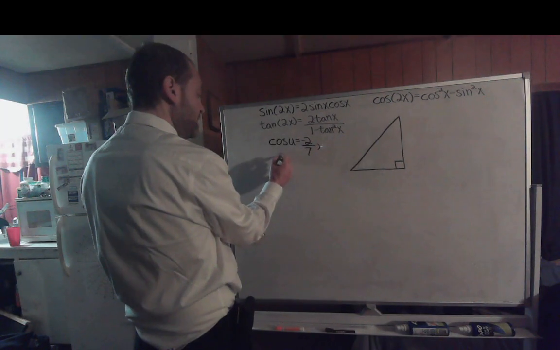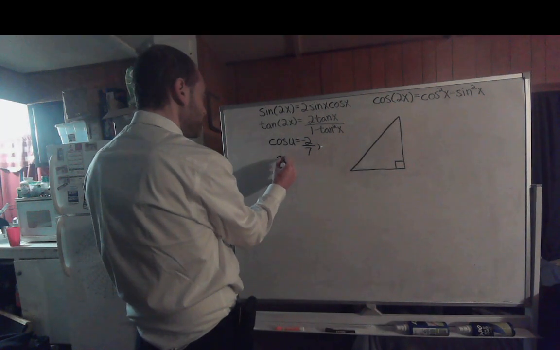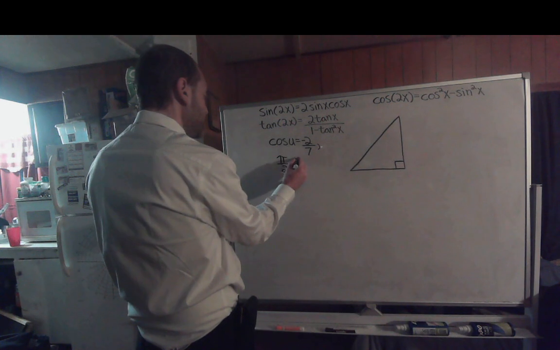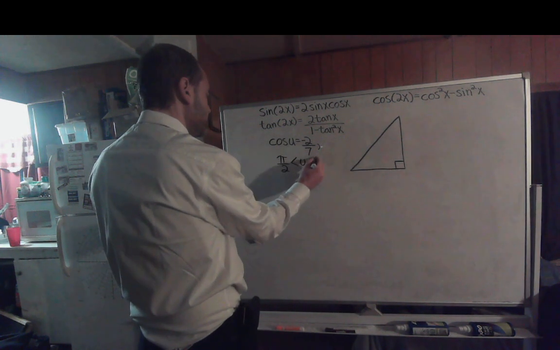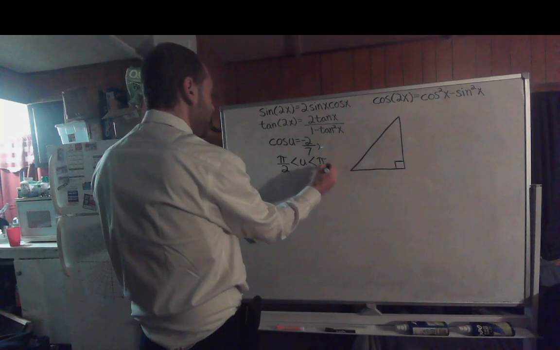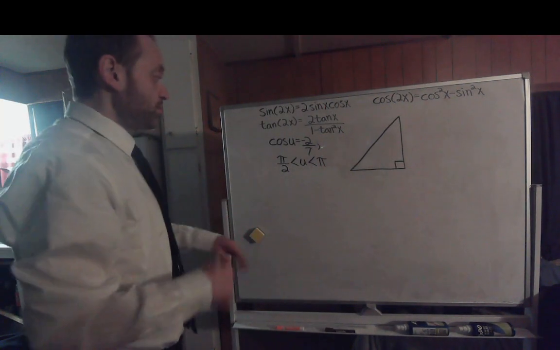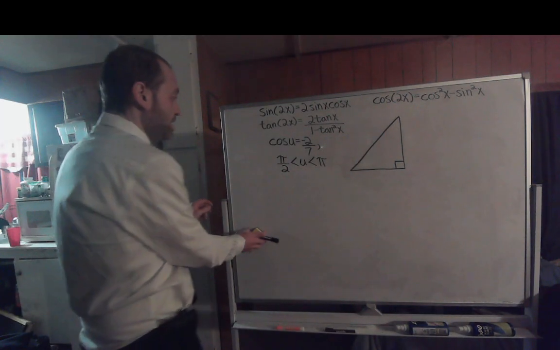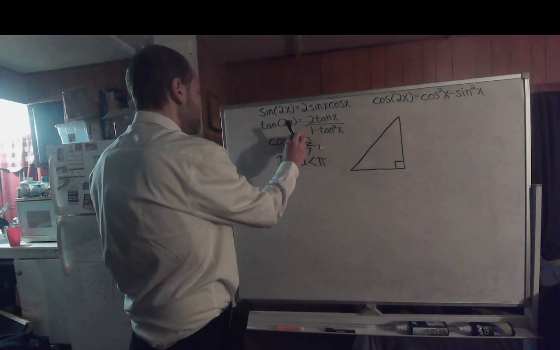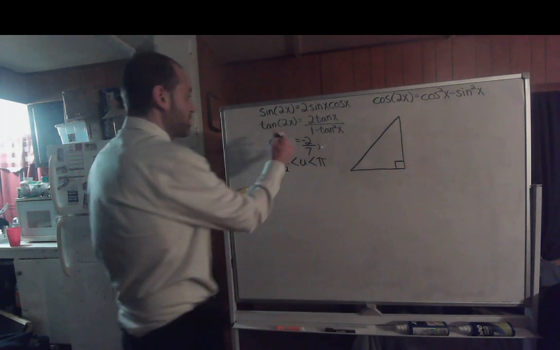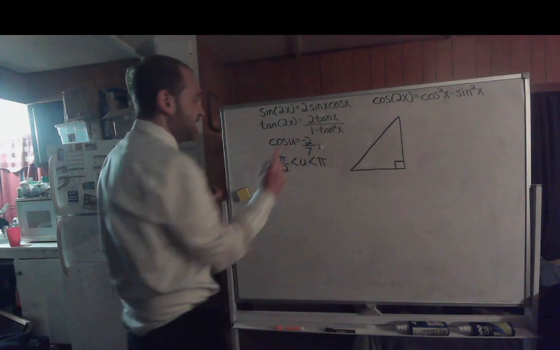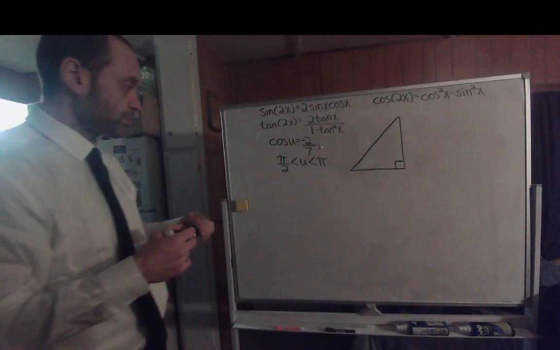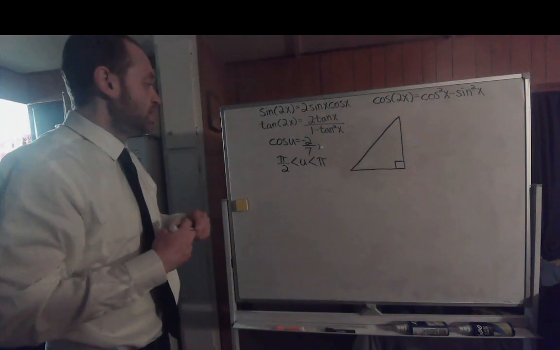This is where pi over 2 is less than angle U, which is less than pi. We're going to find the sine, cosine, and tangent of 2U.